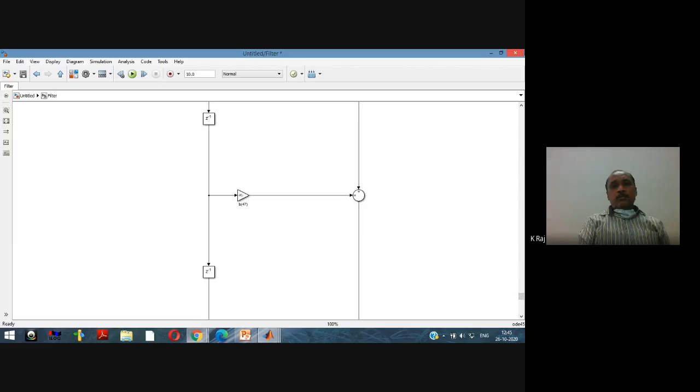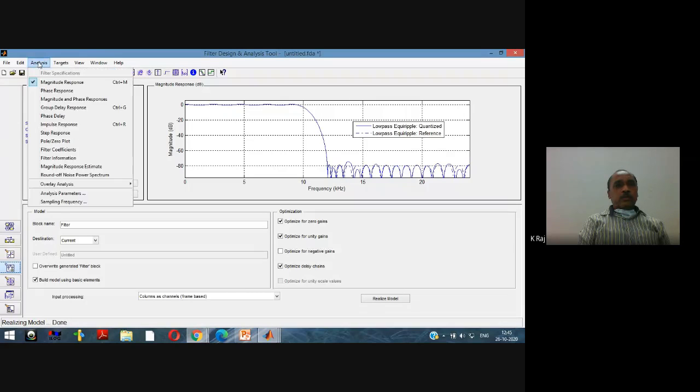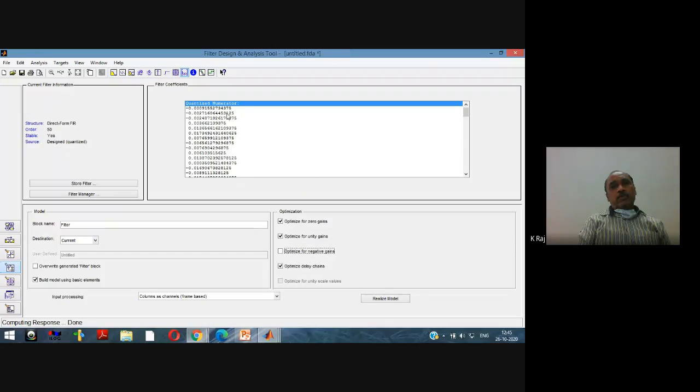Now we can also see the values of these coefficients. For that purpose, in the analysis menu, we can see the filter coefficients. Then we will find the values of these coefficients.